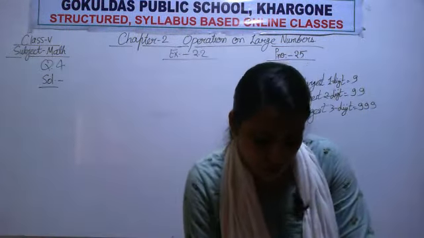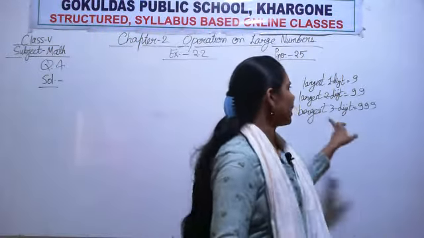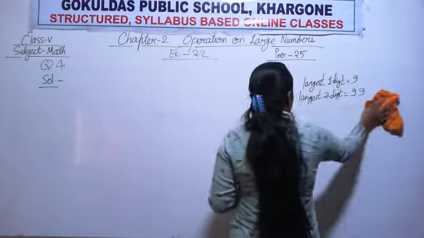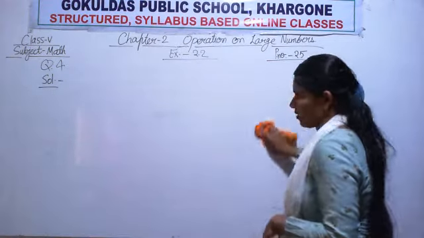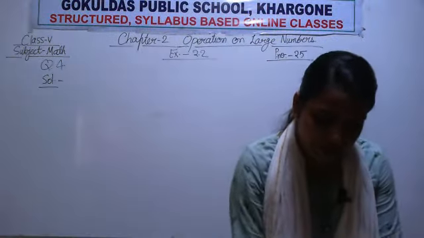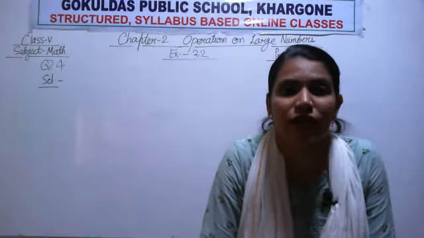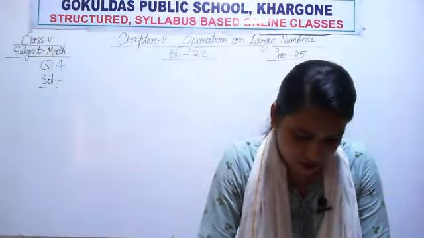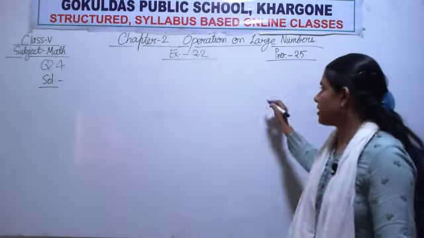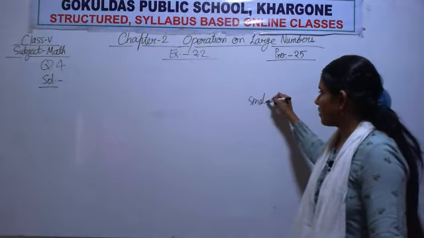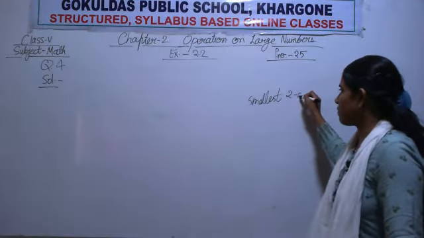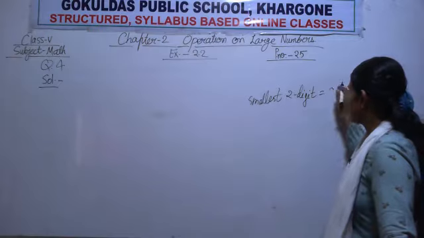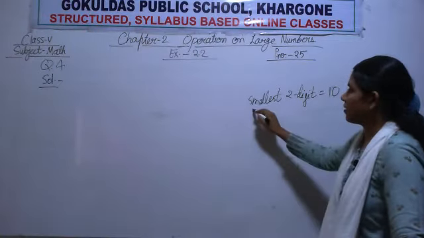So they have asked to find the product of the largest 3-digit number, and the largest 3-digit number, you know, is 999. Okay, one number you know, and the other number is the smallest 4-digit number. So the smallest 2-digit number is 10.